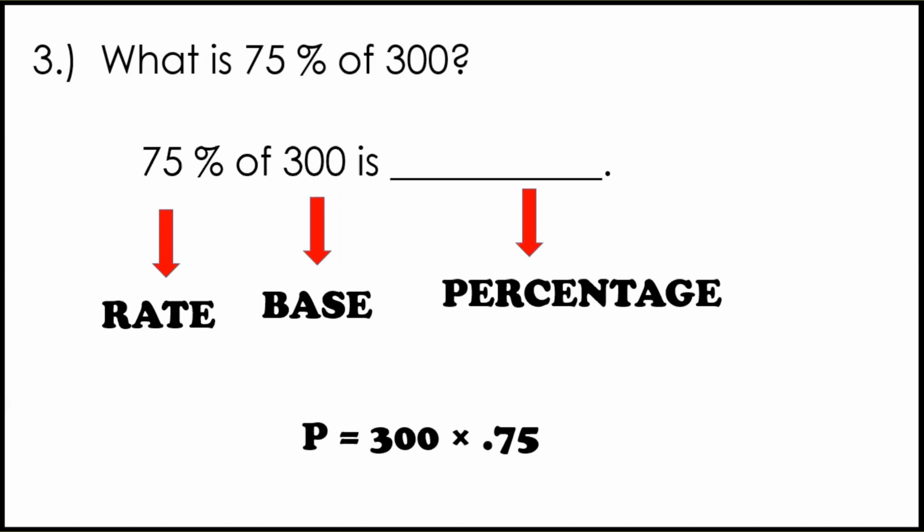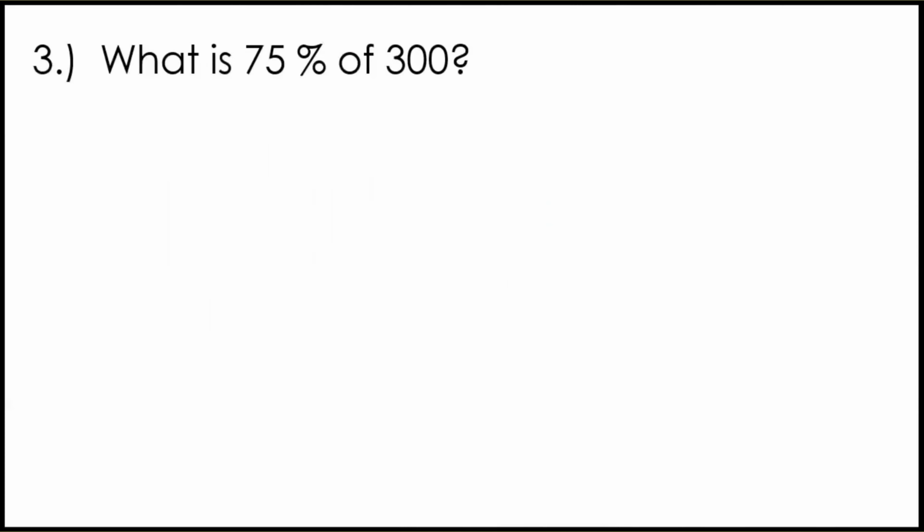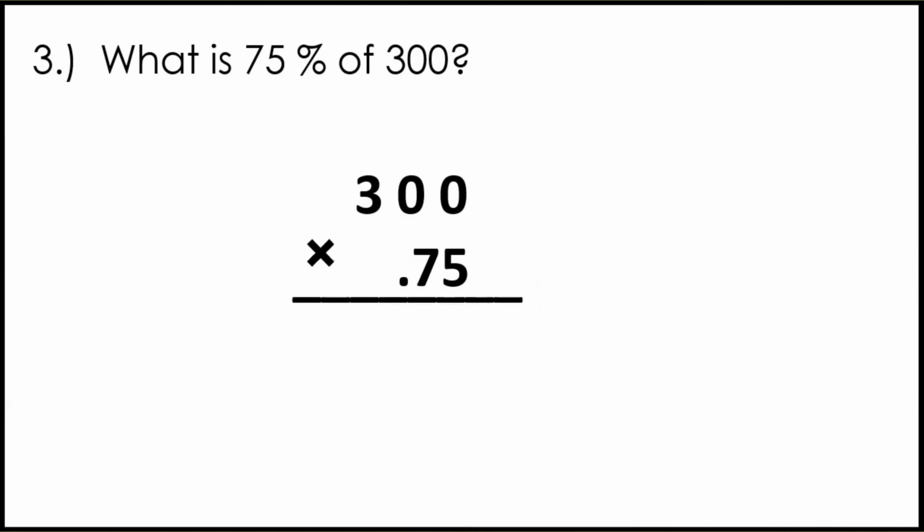Okay. So, percentage natin, missing pa, no, hahanapin natin. So, 300 times 0.75. Multiply natin. 5 times 0 is 0. 5 times 0 is also 0. 5 times 3 is 15.